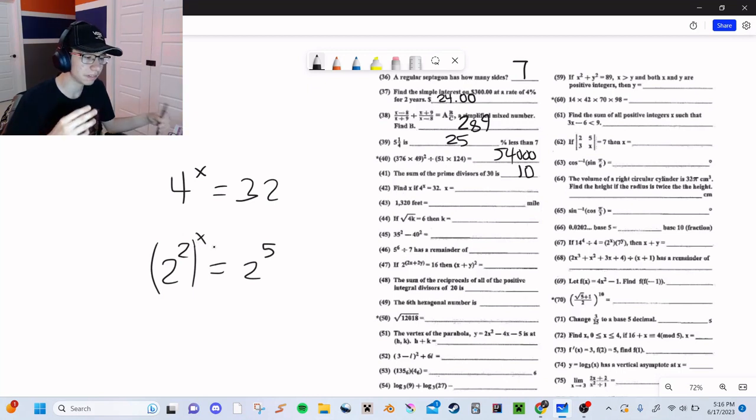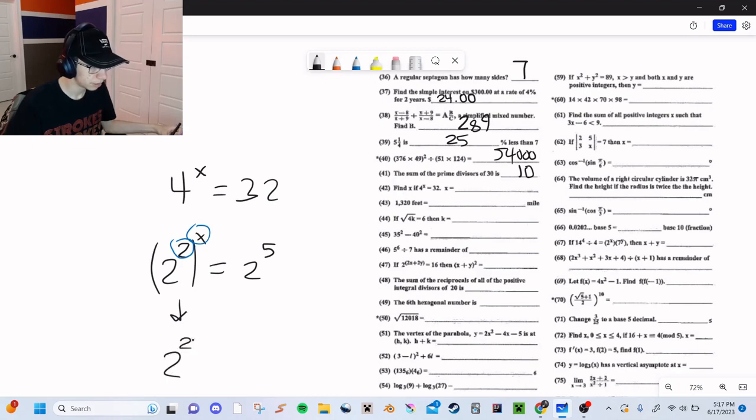So when I have this exponent, this little 2 right here, so I have a number raised to an exponent, which is then all raised to another exponent, this x, then my answer here is going to be 2 to the 2x. It's like what you're doing here is you're multiplying.